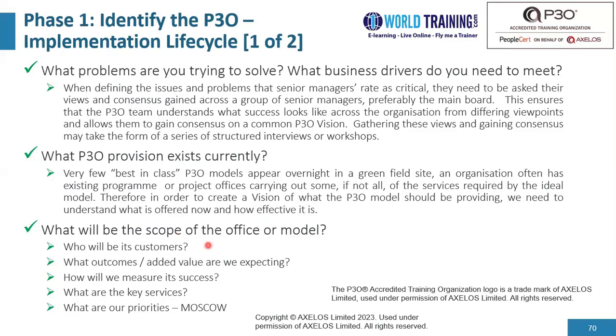If it is a program management office, the customers could be members of the program board and other management staff at the program level. So it's important to ask the question, who will be its customers? What outcomes and added value are we expecting? How will we measure its success? What are the key services? What are our priorities? We could use a MoSCoW technique.